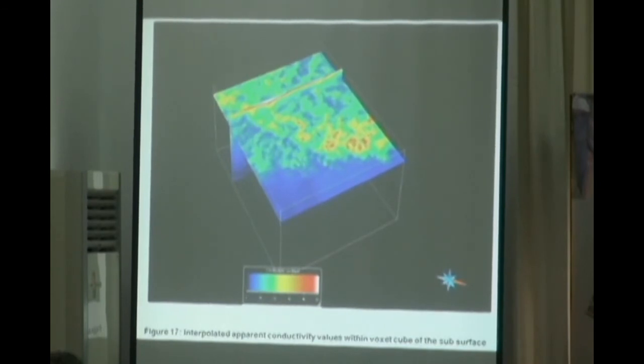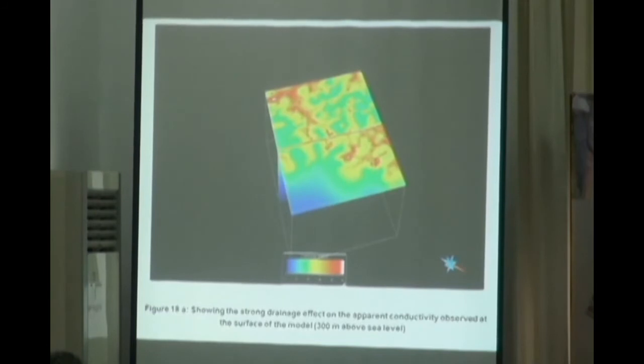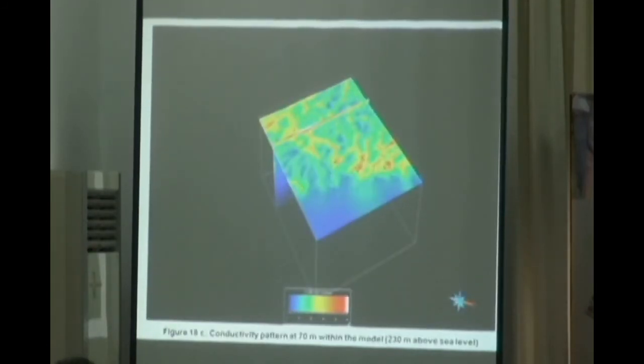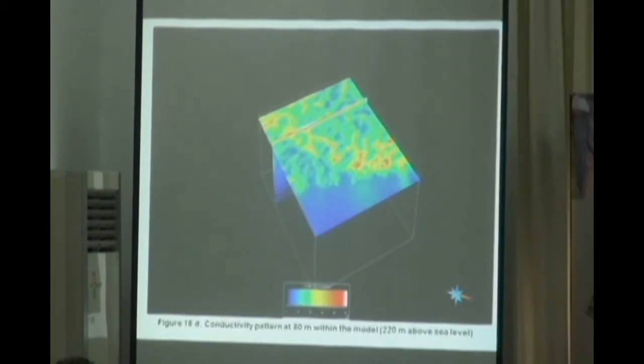And then we also moved down the model, and we were able to identify from the apparent conductivity results, the reds are high conductivities, yellows, then greens, then blue being the lowest. And you would notice as you move into the model, this is 70 meters within the model. This is 80 meters down into the ground.